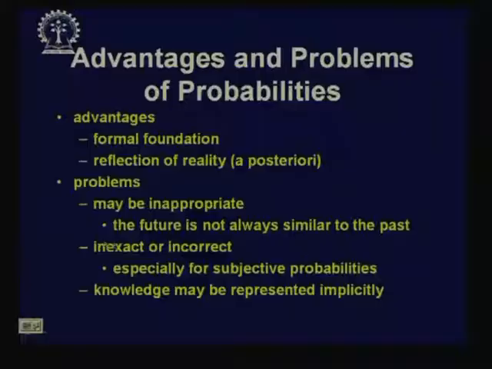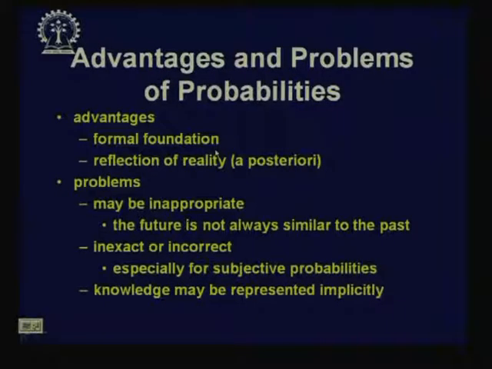For example, the advantages are that since it is based on probability theory, which has years of formal mathematical foundation, it is very rigorous, and it is a reflection of reality, because we are computing a posteriori probability. Now, the word a posteriori is just the opposite of a priori.